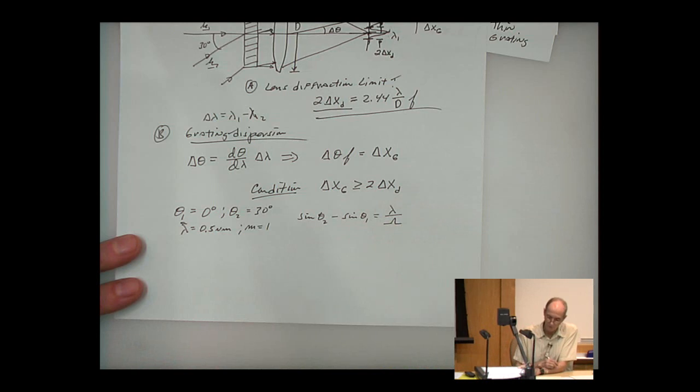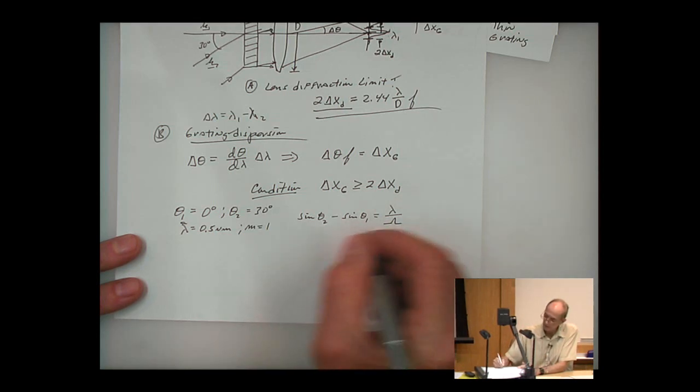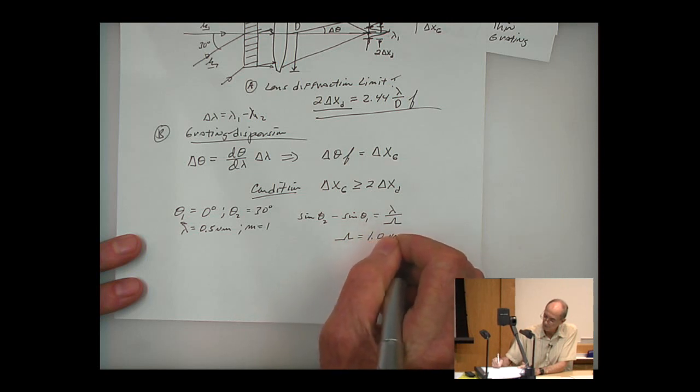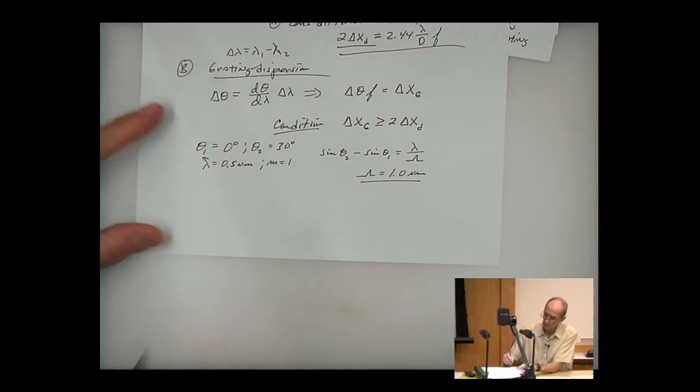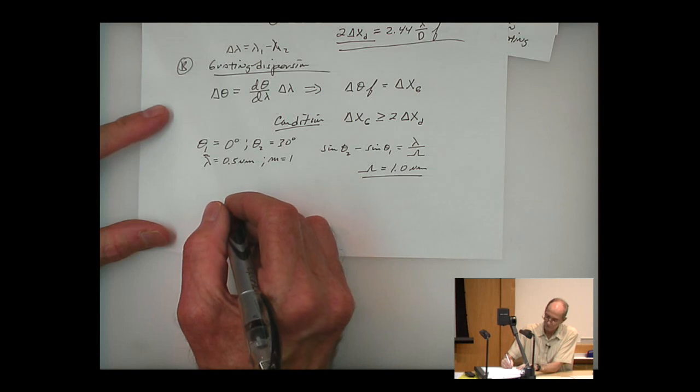That's the wavelength over the period. So from that we see that the period conveniently is just 1 micron in that case. And then we can determine what the dispersion of our grating is.